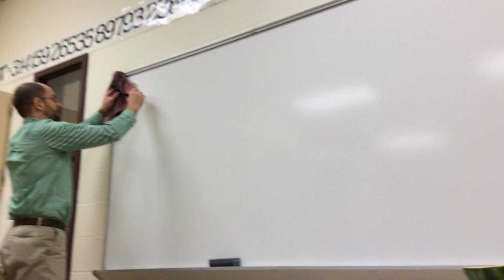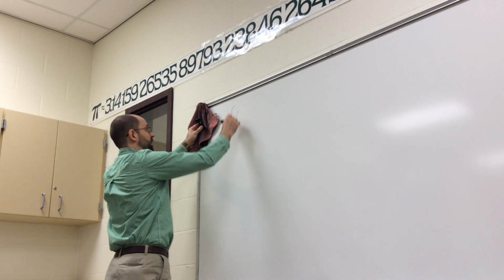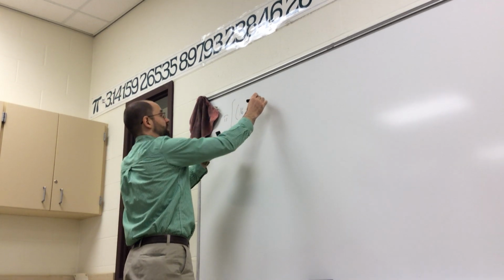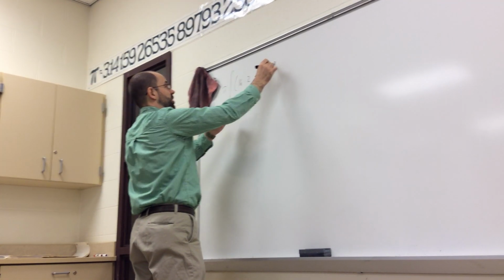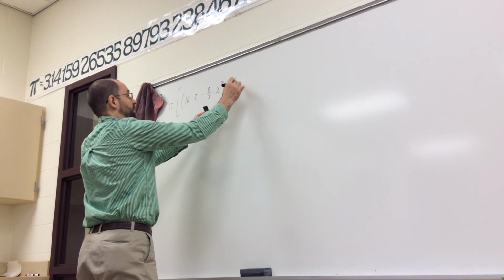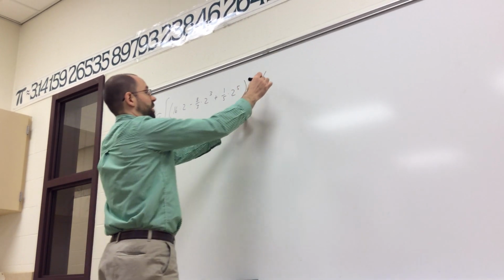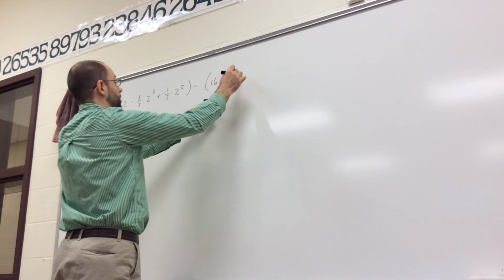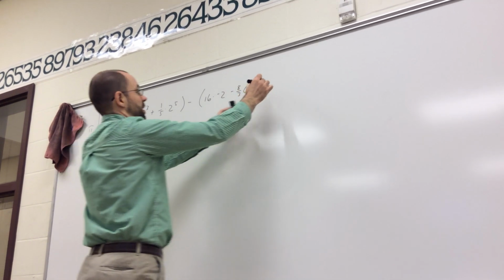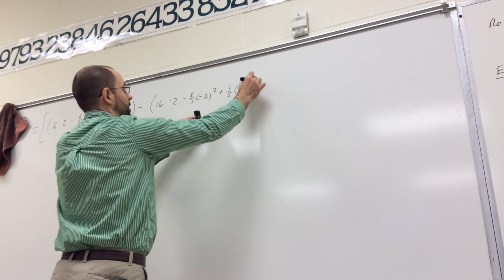So I got my pi, and I am plugging in 2, so that would be 16 times 2 minus 8/3 times 2 cubed plus 1/5 times 2 to the 5th minus, plugging in -2, 16 times -2 minus 8/3 times -2 cubed plus 1/5 times -2 to the 5th.